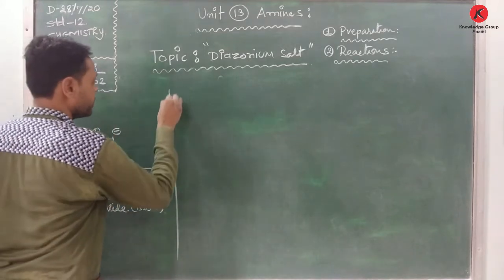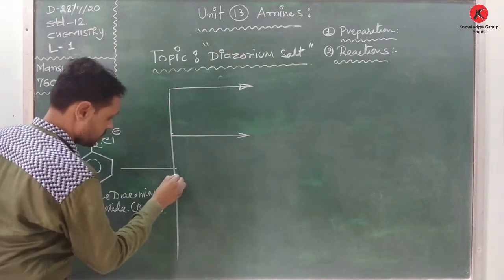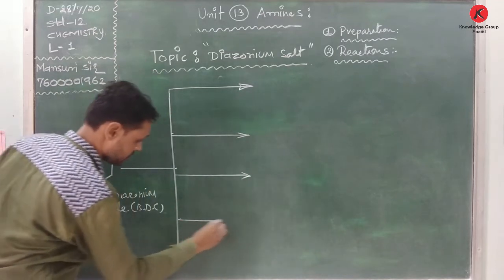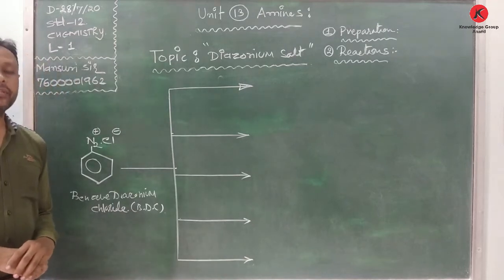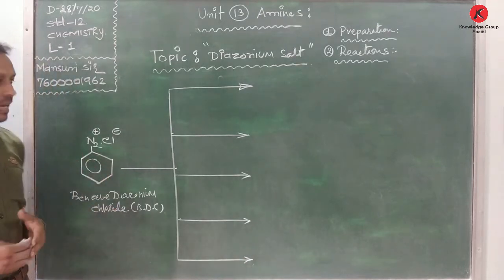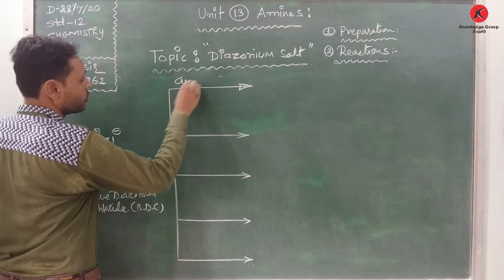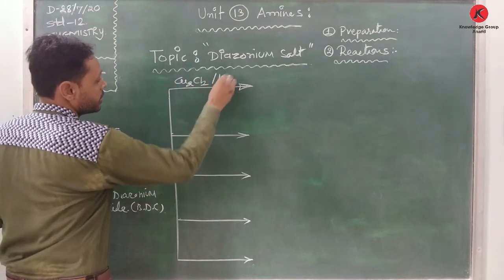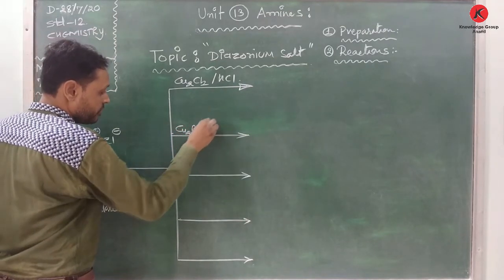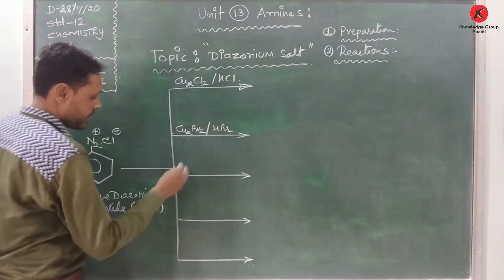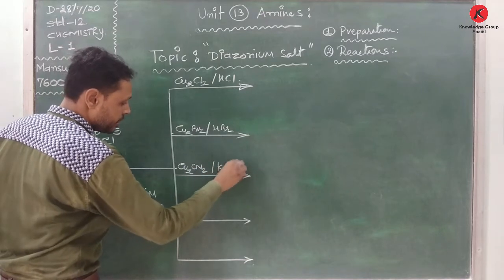Now B.D.C reacts with other chemicals, like cuprous chloride Cu2Cl2 prepared in HCl solution, Cu2Br2 which is prepared in HBr, and Cu2CN2 which is prepared in KCN.